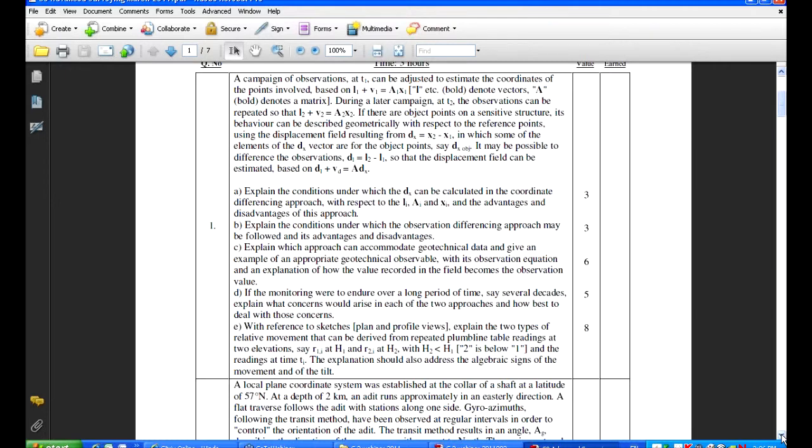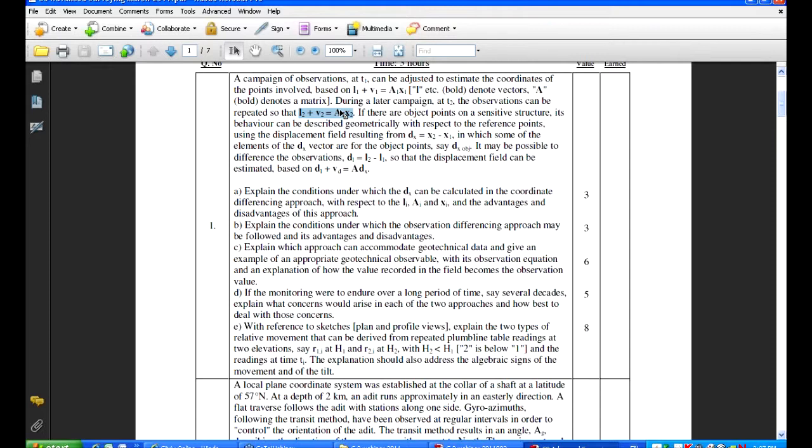We basically have two campaigns which are adjusted, and you should be able to recognize those. For instance, the usual least squares formulation, observations, residuals, design matrix, and estimated coordinates. The second campaign is here.